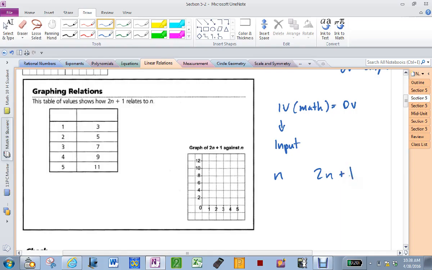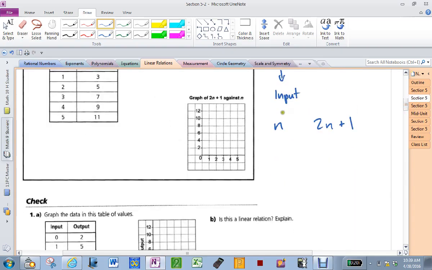Which of those must be my input? My input is my independent variable. Which of those is independent? The first one, the n. Because this is math being performed upon the n, yes?